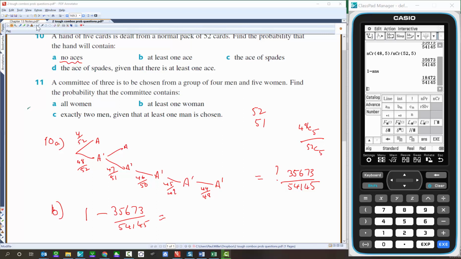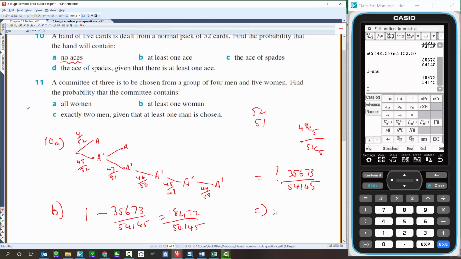I've forgotten my mouse at school today, so I'm using the pad on the computer, and it's a bit of a nightmare. 18472 over 54145.